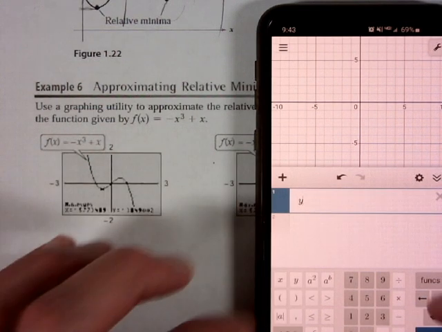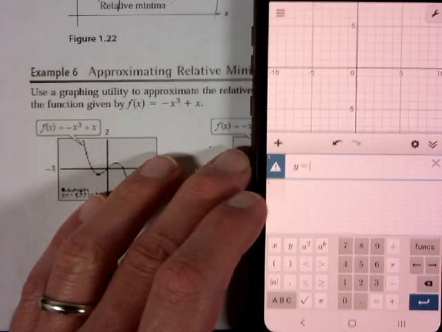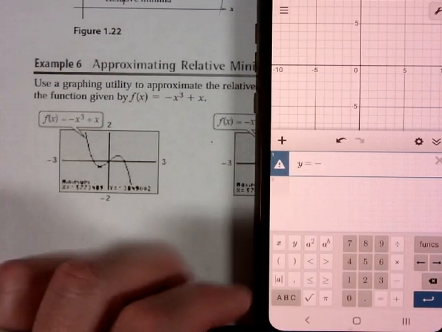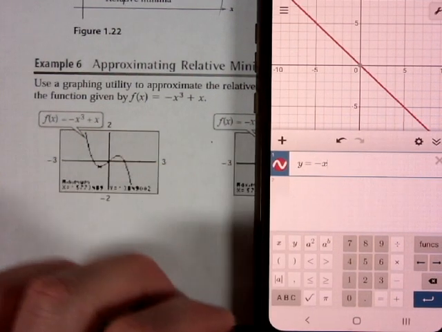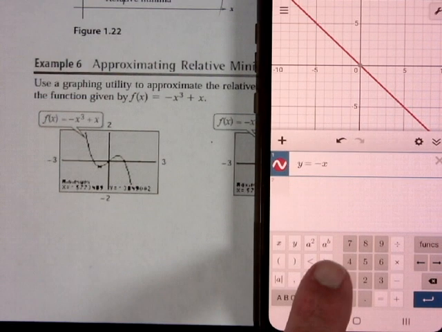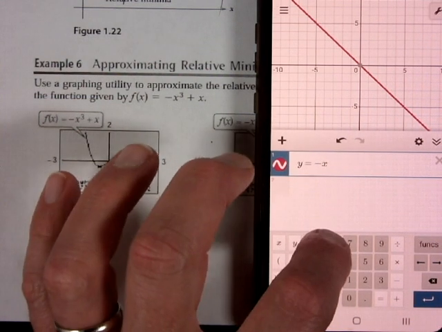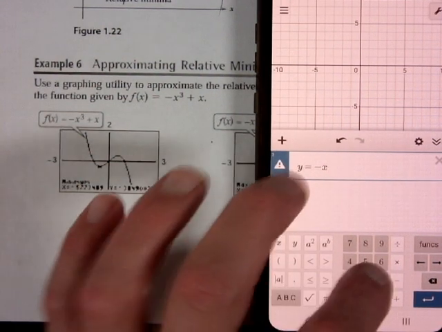So it would be y equals negative x to the third power. Now, to get squared, you can type a squared, but if you want higher than squared, you have to type a to the b power. It'll raise it up to that exponent, and you'll just type a 3 in there.